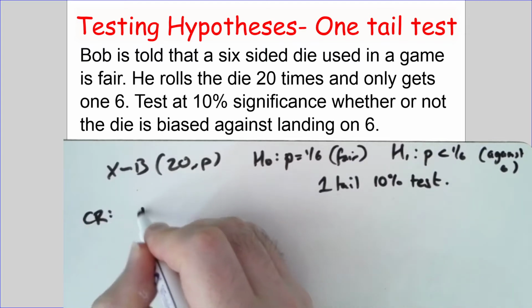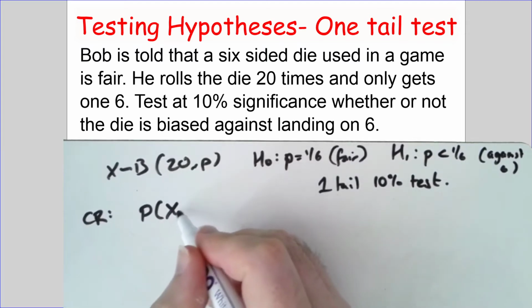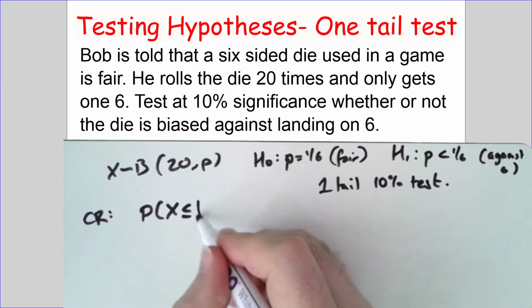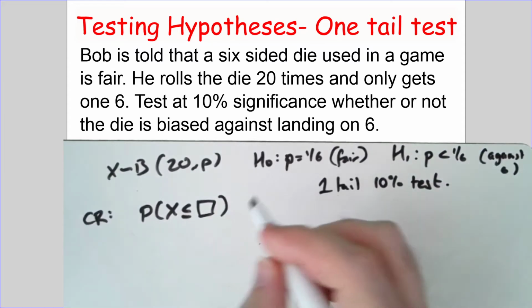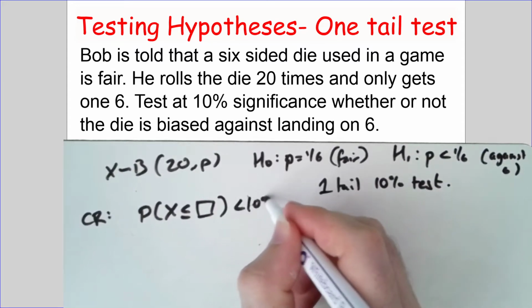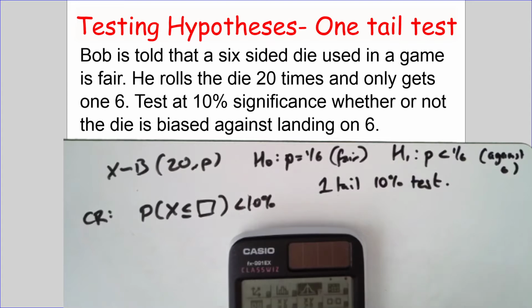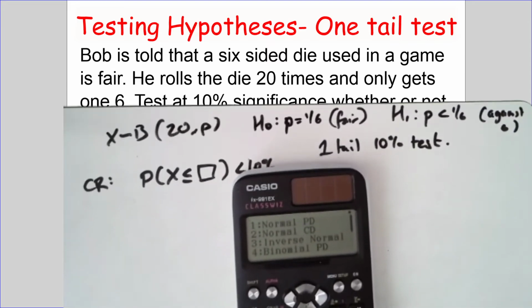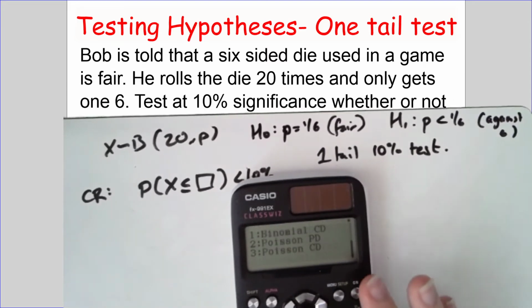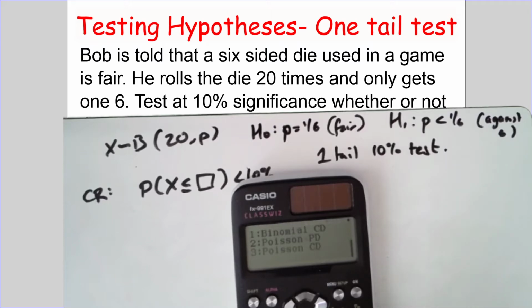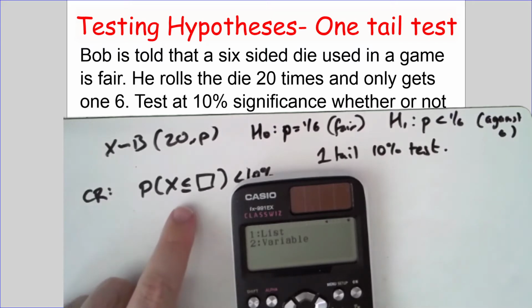So we want to find the probability that x is less than or equal to some number is less than 10%. Because it's a 10% test, because it's only one tail, we don't have to halve anything. So if I grab my calculator, I'm on menu, distribution mode, binomial CD. We're doing binomial CD because there's a less than or equal to in here.